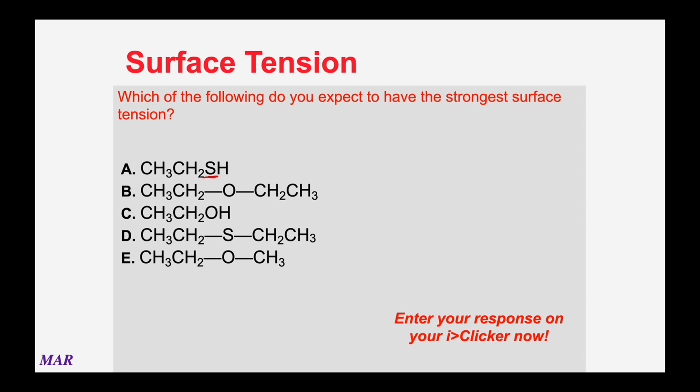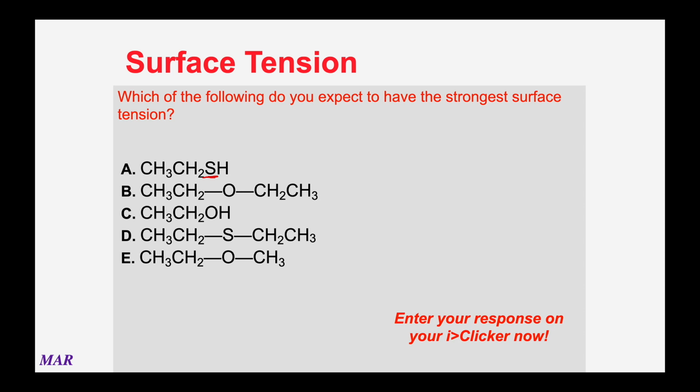The second compound has oxygen in the middle of two carbons. Oxygen, like the sulfur before it, if you draw it out, is going to have two lone pairs, polar, all right, but not hydrogen bonded because the oxygen is not directly connected to the hydrogen. So B would also be a dipole-dipole interaction.